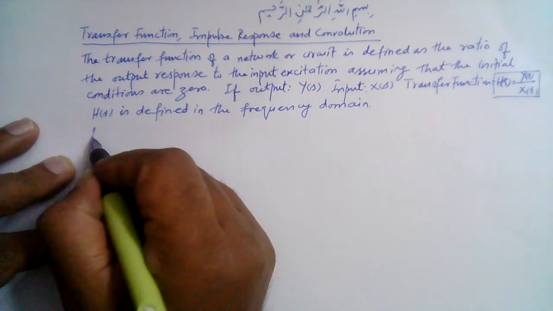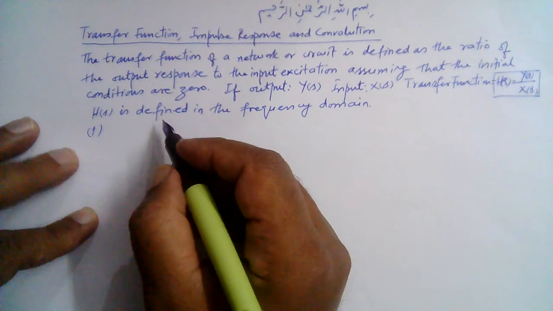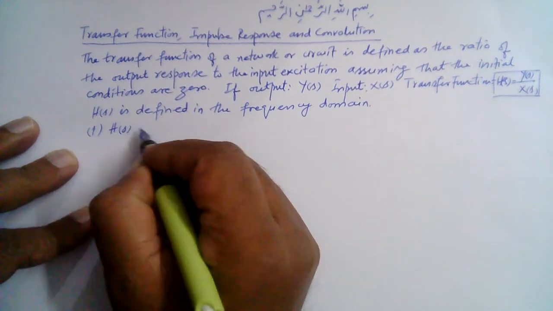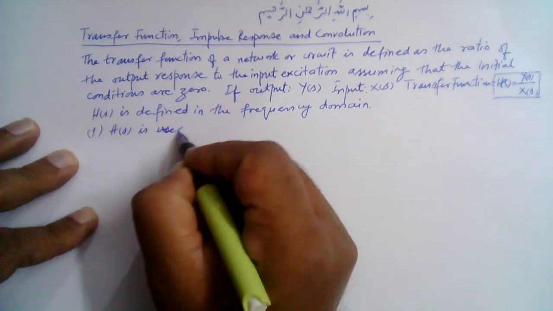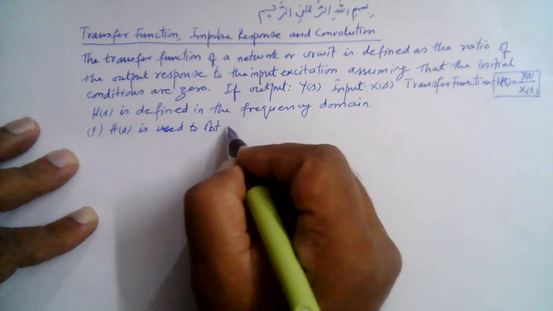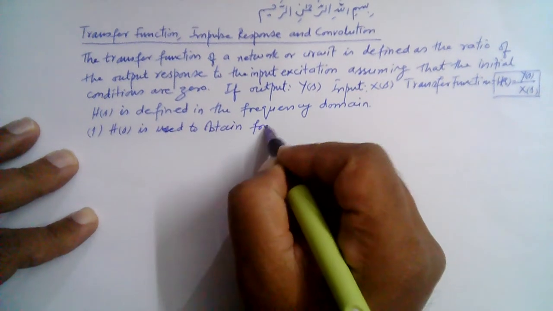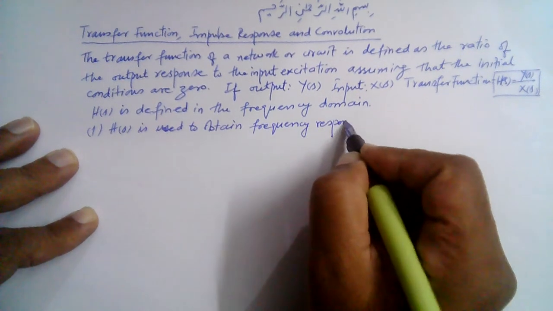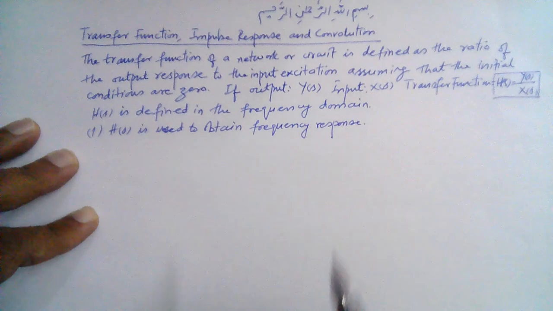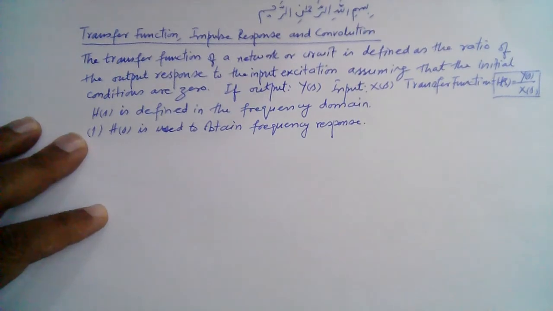For example, h of s is used to obtain the frequency response of a circuit. The frequency is variable, and we can vary the frequency to find the output response.